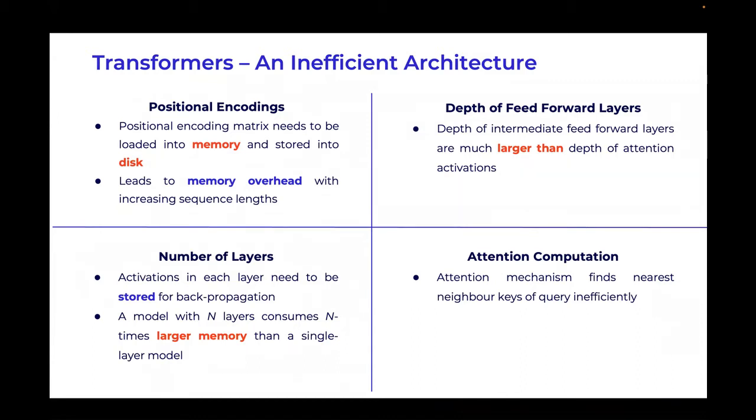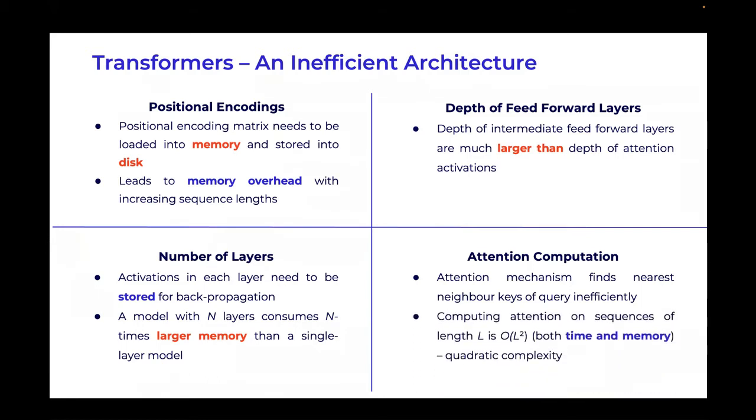So if the sequence length increases, there will be a quadratic complexity for the attention mechanism. Here you can see the computation of attention on sequences of length L requires O of L square, both for time as well as memory. So it is taking a quadratic complexity for both time as well as memory.